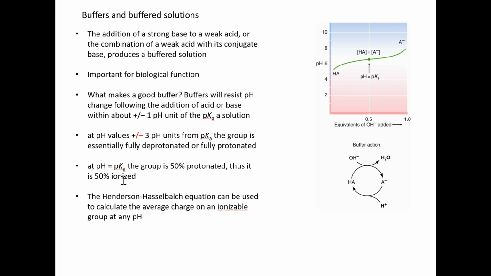And what a buffer is, anytime you have a combination of a weak acid and its conjugate base, you have a buffered solution. Now, if you want an ideally buffered solution, you'll have them in equimolar concentrations.